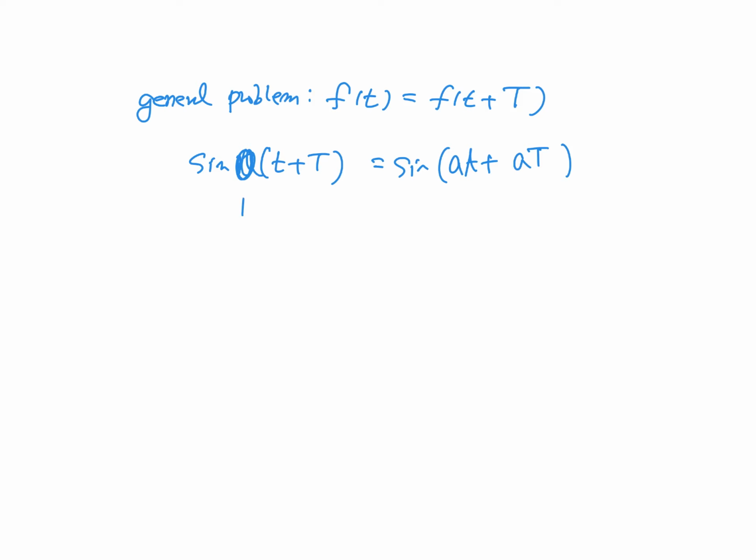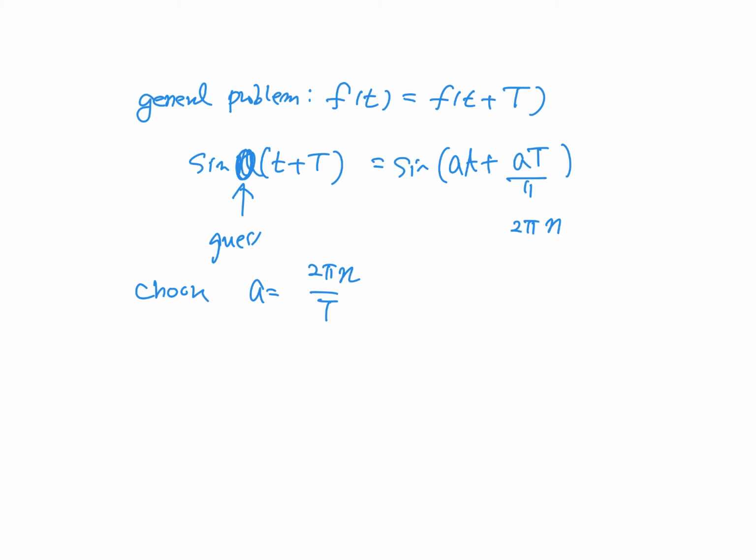So you can guess, aT has to be what? If it is 2 pi n, then the function can be made periodic, right? So choose a as 2 pi n over T. Then you can make the function periodic for an arbitrary period T and use the same analysis.